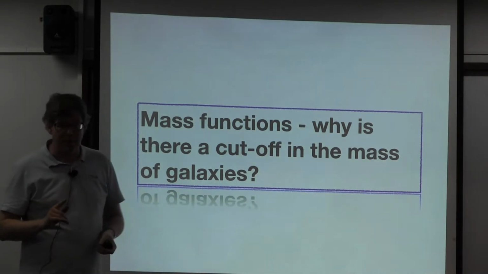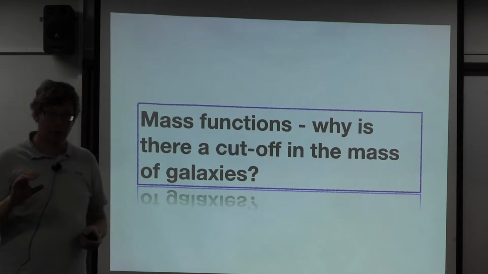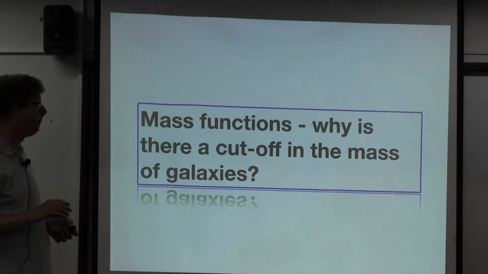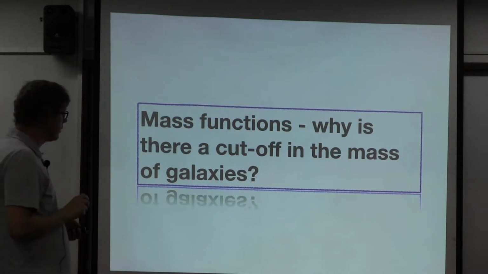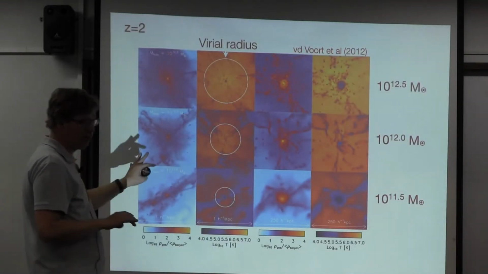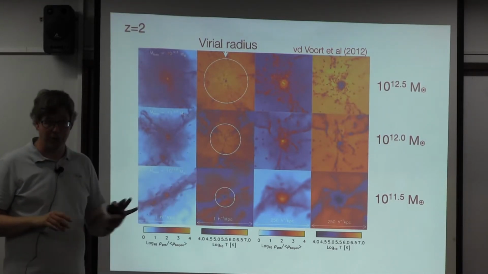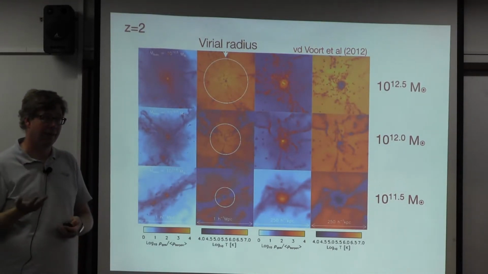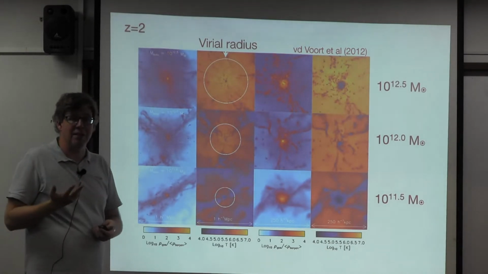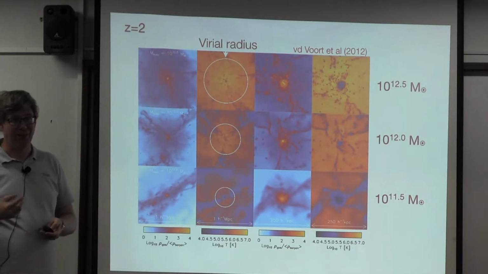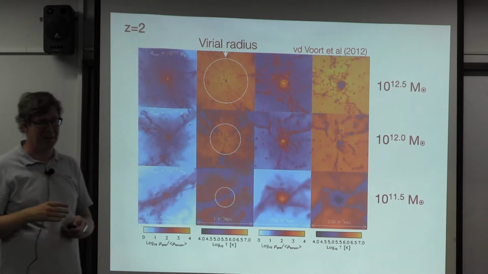So now we're going to go from that and now move to the mass functions. But if anybody has any questions about these virial relations, it's a good time to ask them. Because this is one of those things that might seem quite straightforward until you have to derive them yourself and you get every constant wrong.